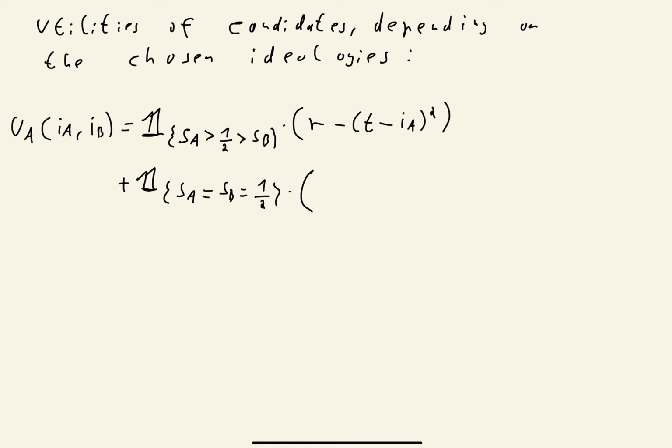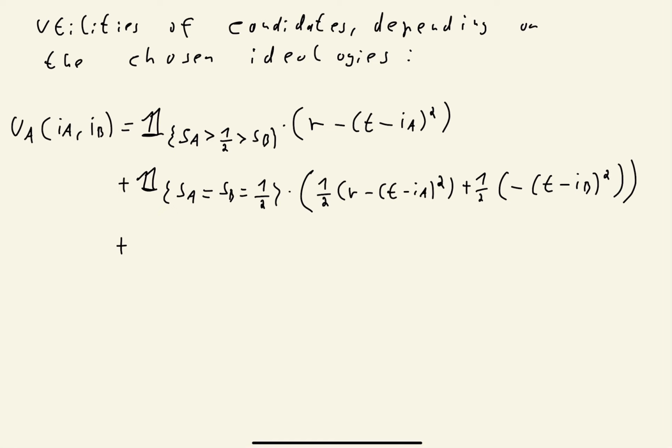In this case, with a likelihood of 1/2, the candidate A will have R minus (T minus IA) to the power of 2, so the utility that we had above. And with probability 1/2, you will get the utility if candidate B wins. Okay, so then it's simply minus (T minus IB) to the power of 2. Okay, so this is the second possibility.